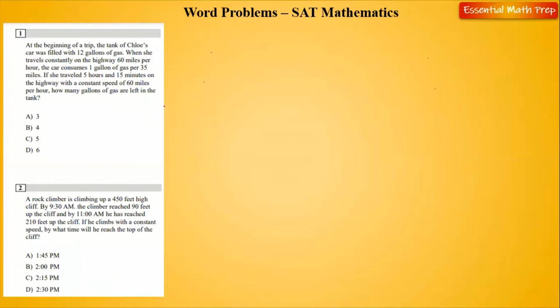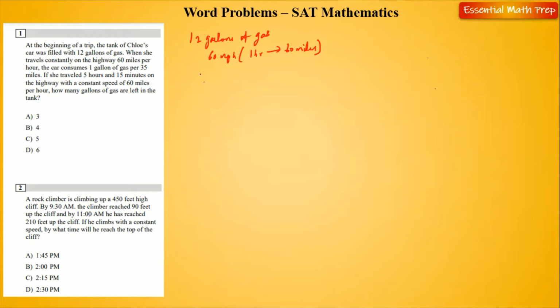Okay. Chloe is doing a journey and her car is filled with 12 gallons of gas. She starts her journey with 12 gallons of gas, and she's going at a rate of 60 miles per hour. That literally translates to: in 1 hour, she'll cover a distance of 60 miles. She's keeping the same pace throughout her journey.